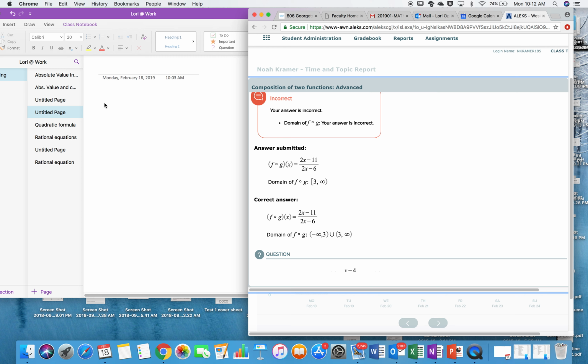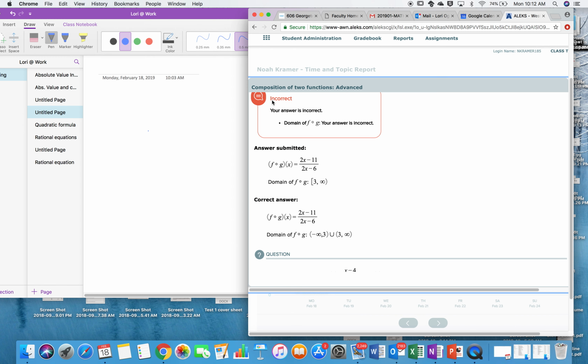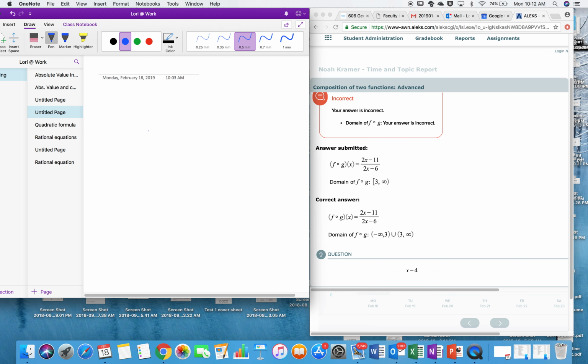So when your function is, here, let me grab a pen. So when your function is something like 2x minus 11 over 2x minus 6, this is a fraction.